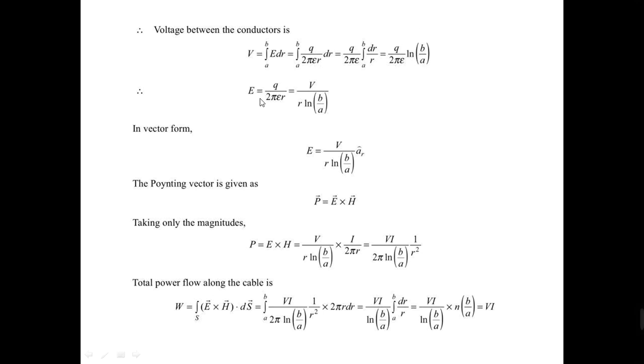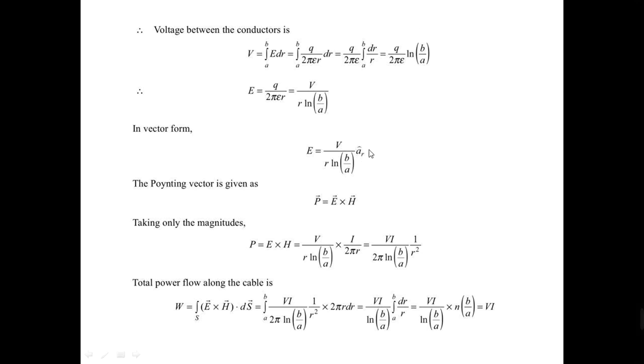Therefore, we already know that the electric field intensity is equal to Q by 2 pi epsilon R. This can be written in terms of voltage as V by R natural logarithm of B by A. So this electric field vector in vector form you write like this, with the magnitude V by R into natural logarithm of B by A along radial direction.